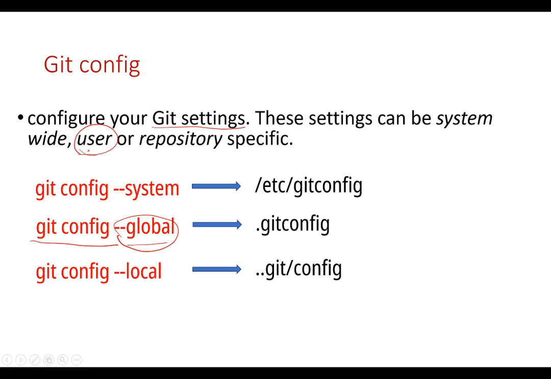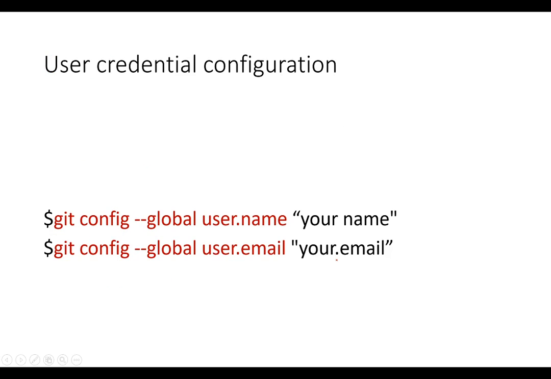You can also use this option, system, to configure your system setting, or you can use this option to configure repository specific setting. Each option corresponds to a configure file. We generally configure global username and global user email.